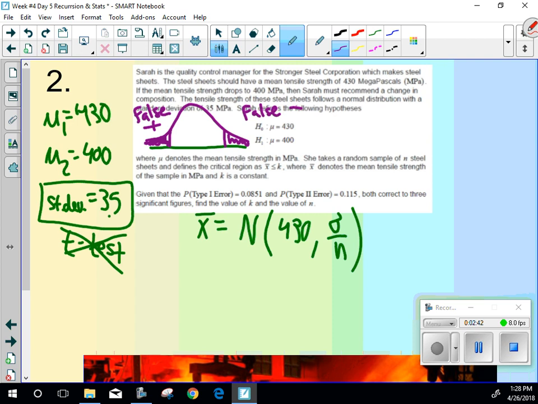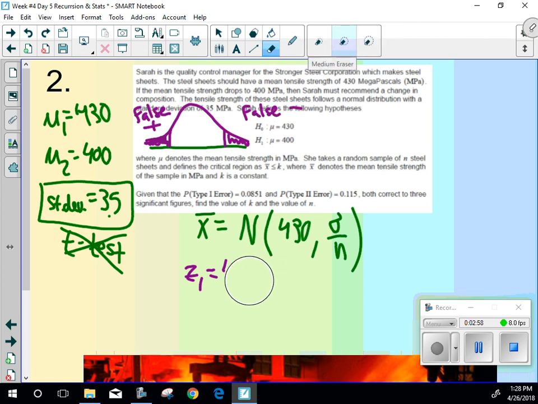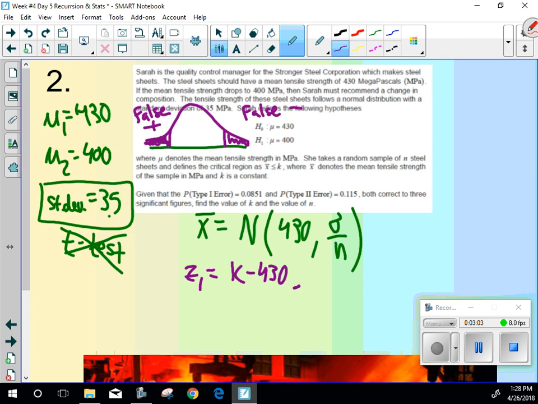Now, when we do the type error, your value for Z1 is going to be 430 minus K. Oh, I got it backwards. K minus 430 over, well, we know sigma, that was 35, but this is going to be over the square root of n. Wouldn't the other one be square root of n too?